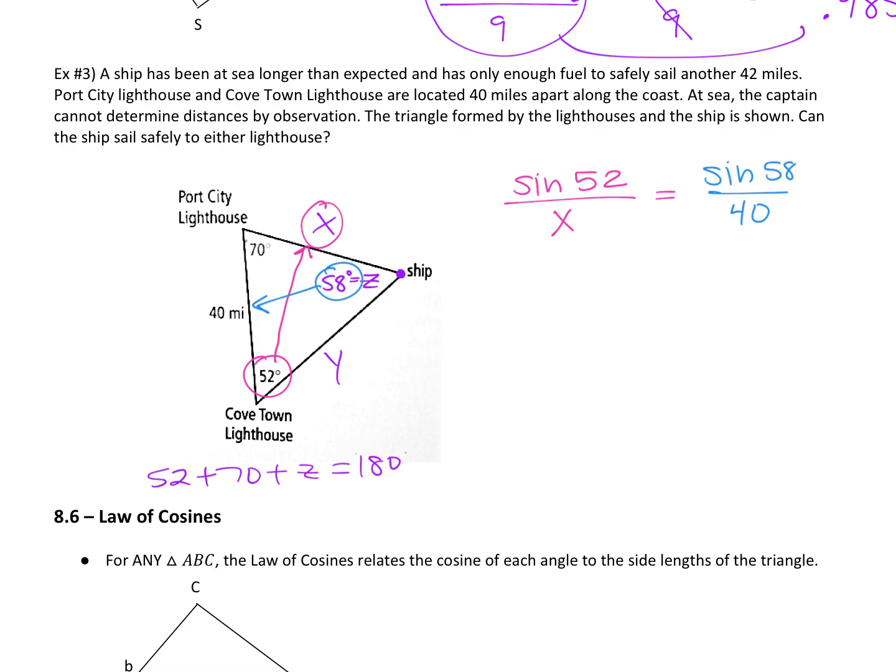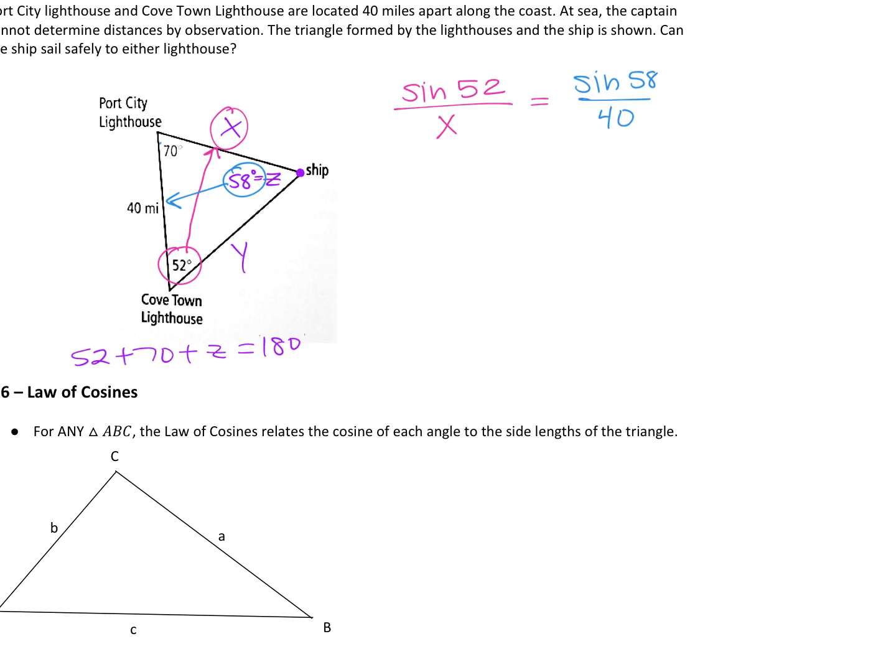Okay, so here's your setup. How do you solve this? Cross multiply it. Okay, so this is 40 sine 52, and here, that's x sine 58. How do you solve that? Divide by sine 58 to get rid of it over here.